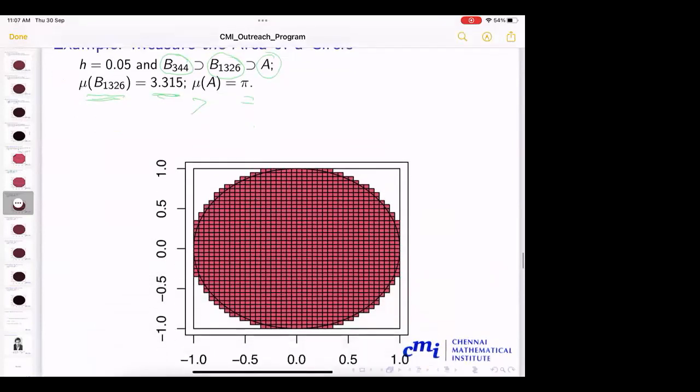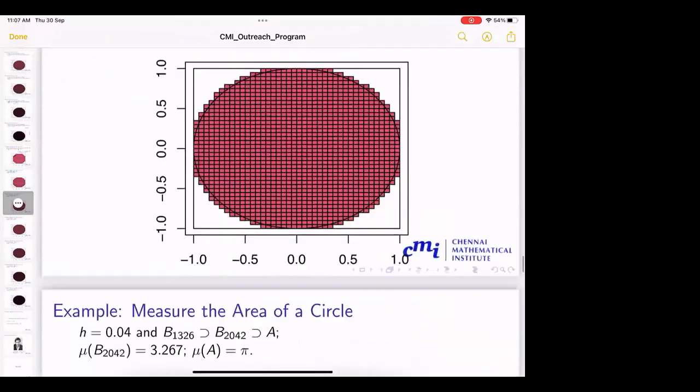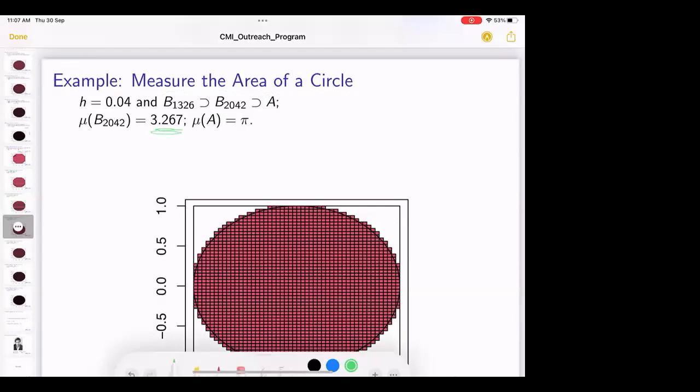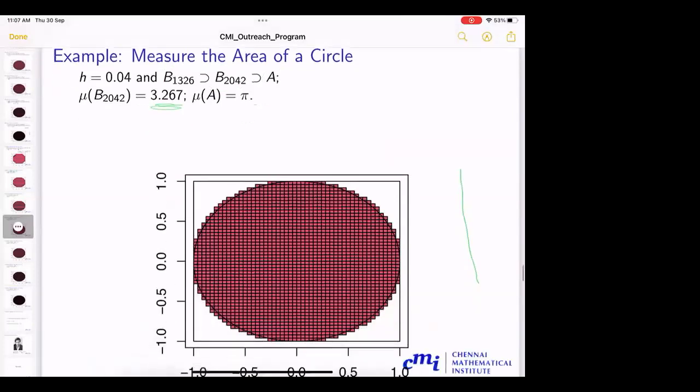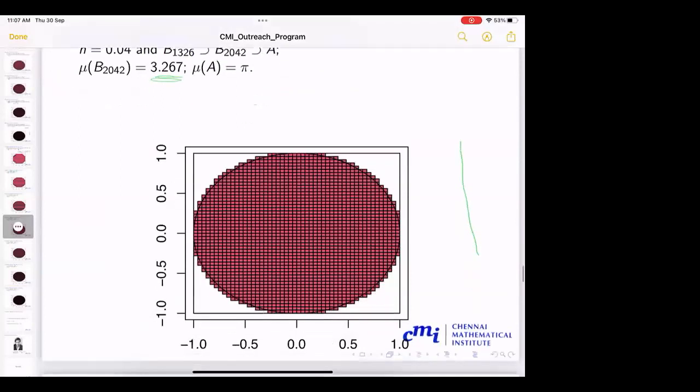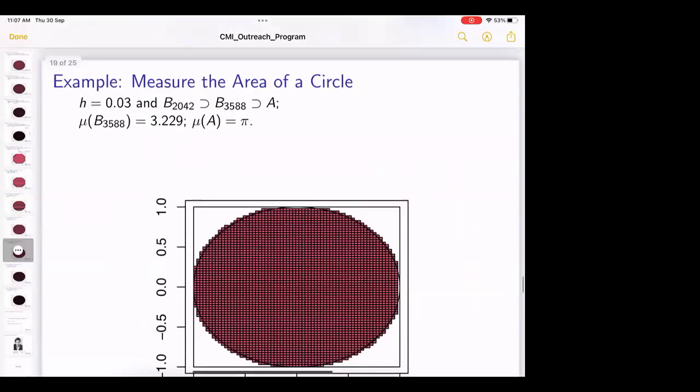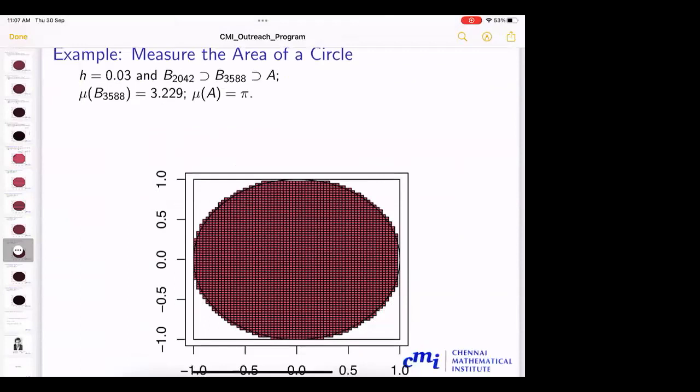What about taking h 0.04? Now it is same logic going on, 3.267. I push h equal to 0.03. Now the area is 3.229.